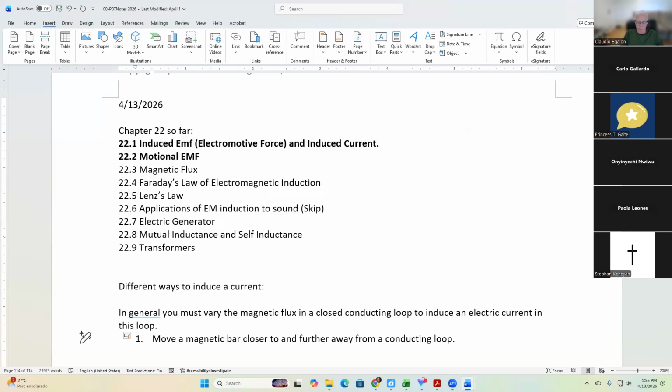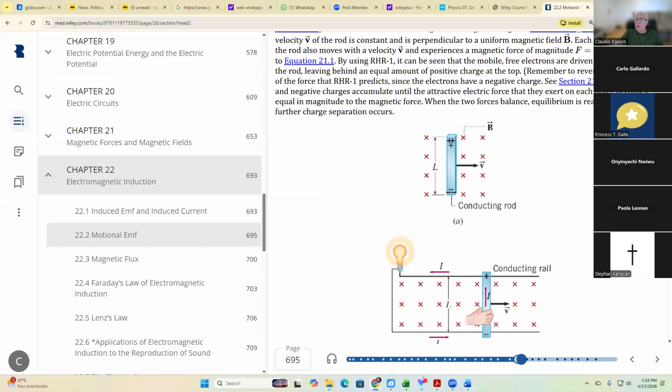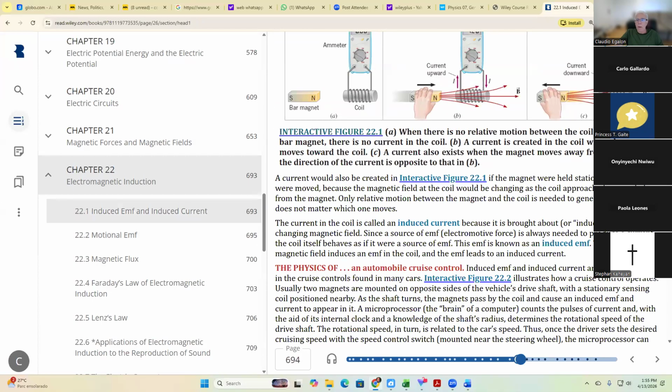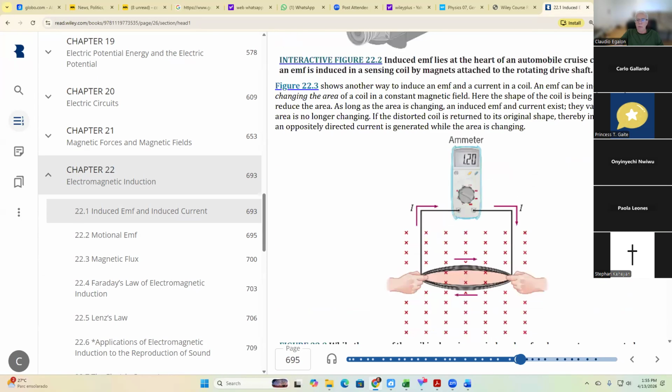That's the first example that you saw there in the book, right? This one.